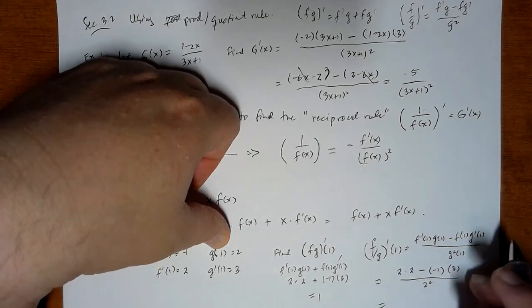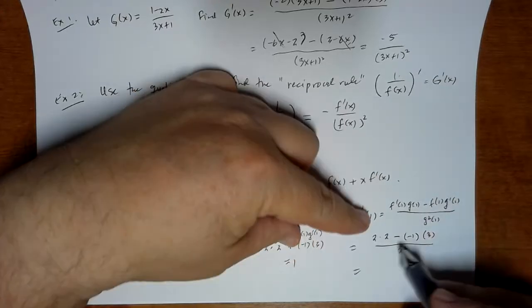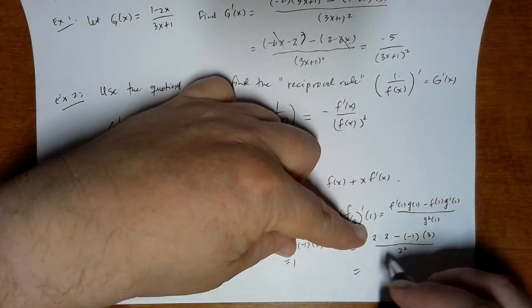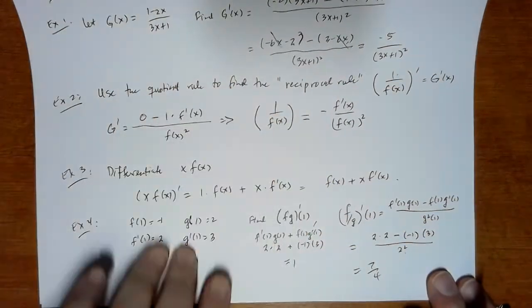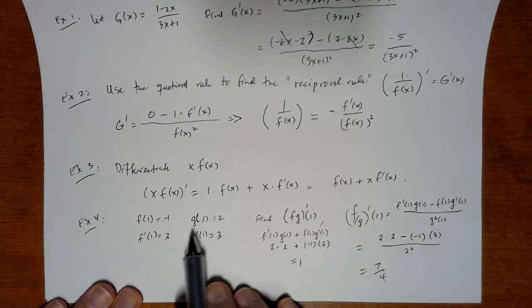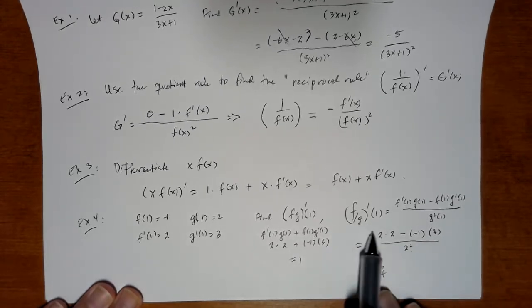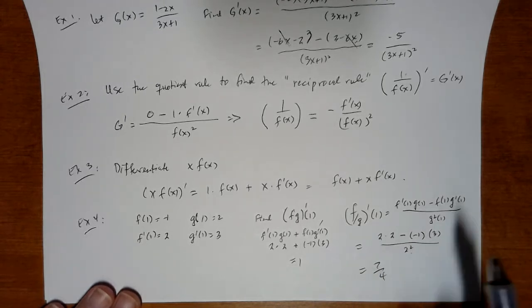Good. So that's going to be 4 plus 3 is 7, divided by 2 squared, which is 4. Good. So sometimes we're given the functions only as numbers instead of as formulas, and we can still do the same thing that we were doing before.